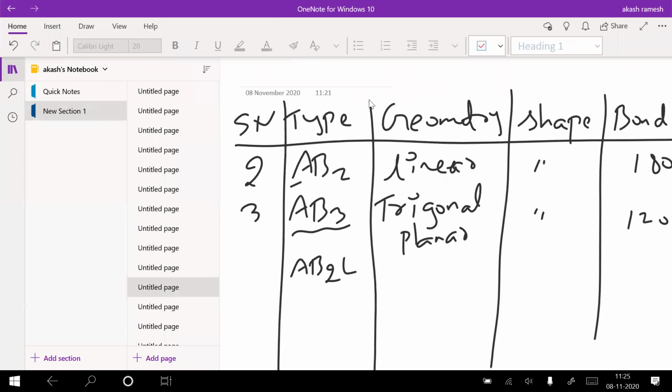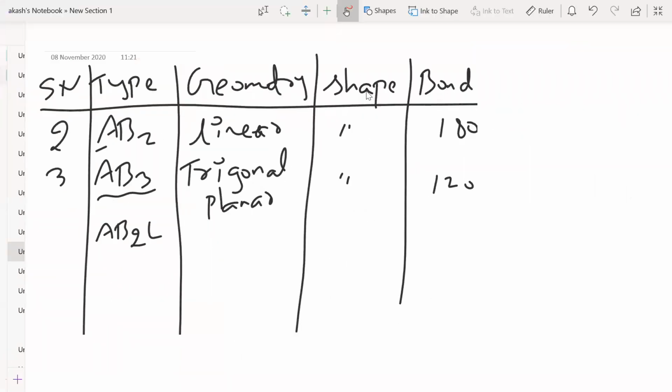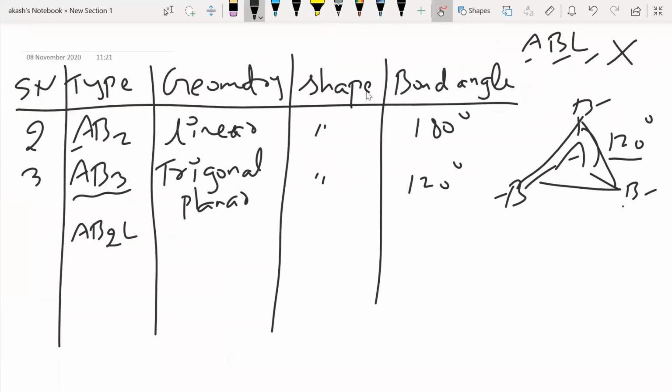Let me look at BF3. Yes, BF3 is a very good example, right? In BF3 you can see there are no lone pairs on boron, but there are 3 bonding atoms. So obviously the geometry and the shape of BF3 are going to be trigonal planar. Is it okay? Right? Cool. So now I'm going to take AB2L. Any examples for this?